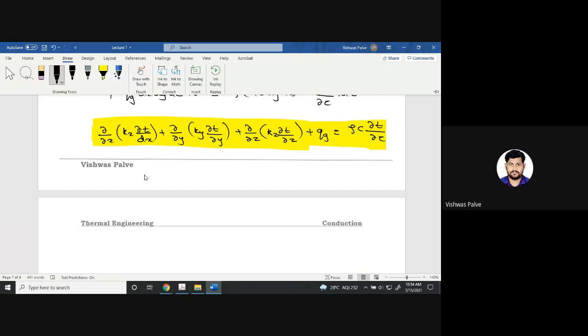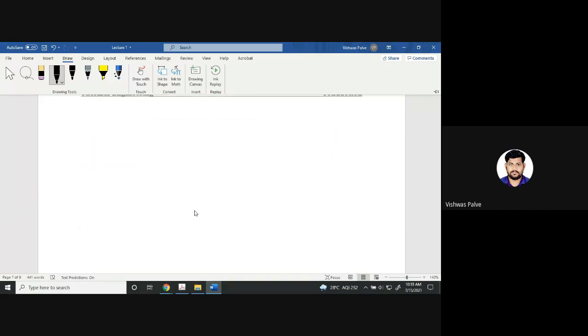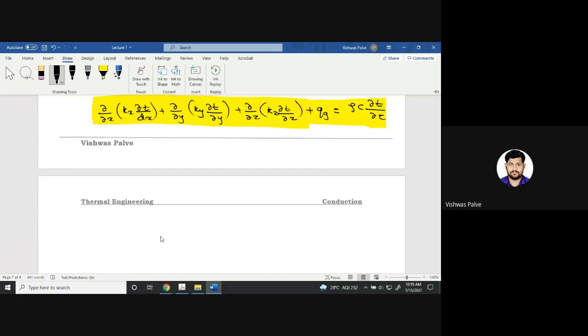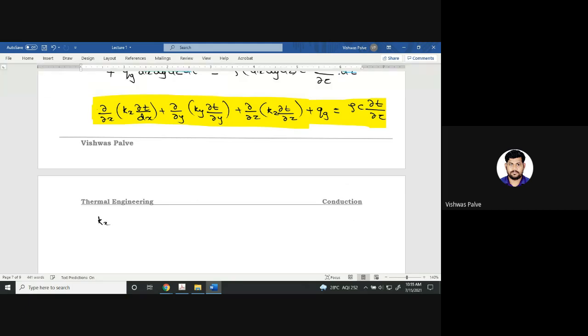Now, if I want to reduce this equation without internal heat generation, and if I say that for homogeneous material or isotropic material, in that case kx will be equal to ky is equal to kz, right? The thermal conductivity will remain same in all the directions, so that we can take k common.